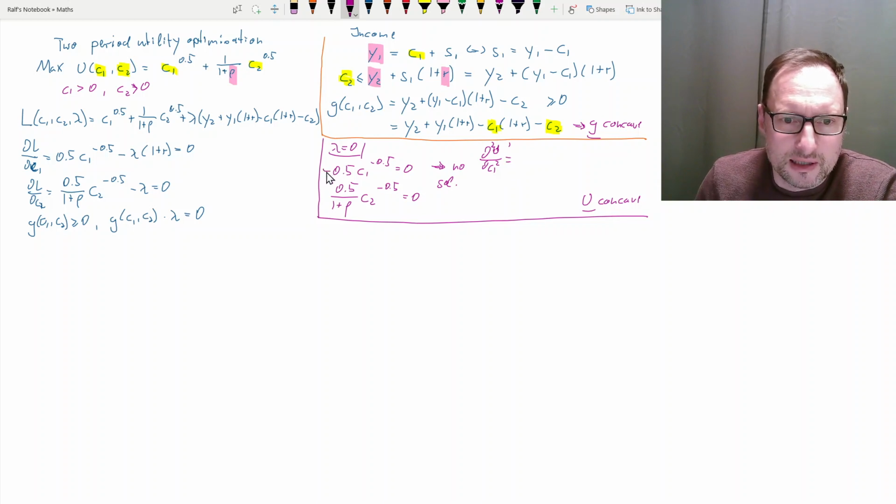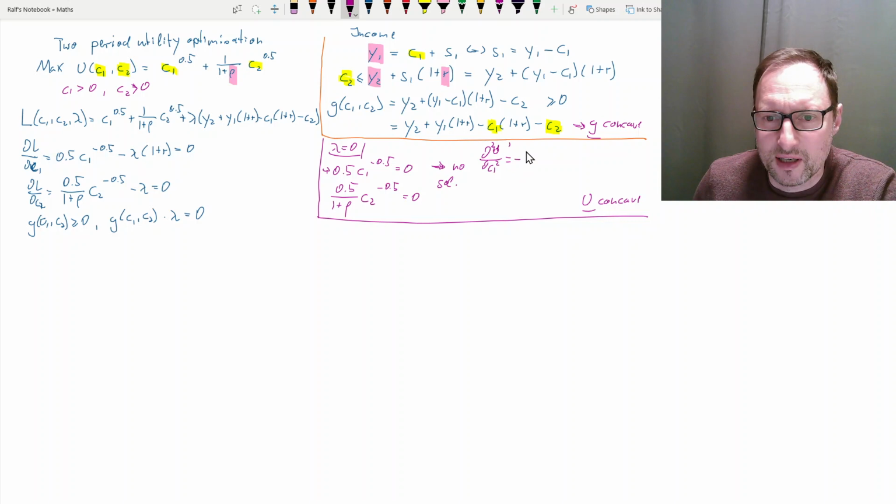So we're taking this first order partial derivative and finding the second order partial derivative, so we get negative 0.5 times negative 0.5, that's negative a quarter, c1 to the negative 3/2.